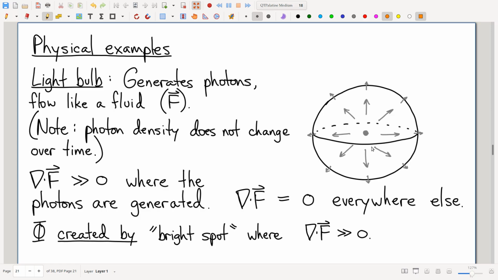Everybody's got pretty good intuition that a light bulb sits there, generates photons, and spits them out in every possible direction, right? That generates a flow of photons, which you could think of as a fluid, except instead of a fluid of molecules, it's a fluid of a different kind of particle, right? Okay. So this is an inverse square radial vector field.